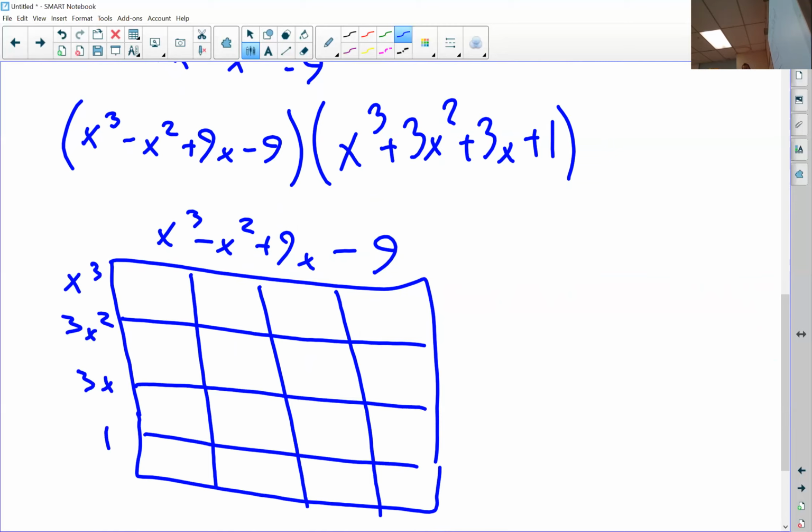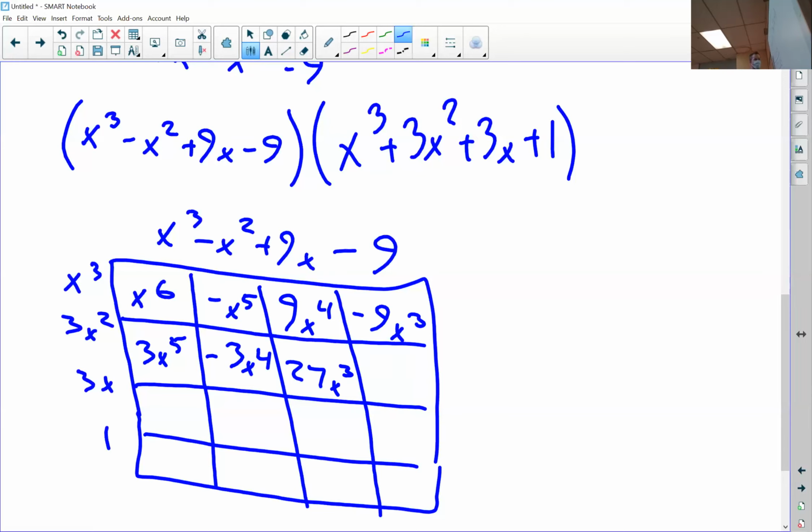x cubed times x cubed, x to the 6. x cubed times negative x squared, negative x to the 5th. x cubed times 9x, 9x to the 4th. Negative 9x. 3x squared and x to the 3rd, 3x to the 5th. Negative 3x to the 4th. 27x, 27x.